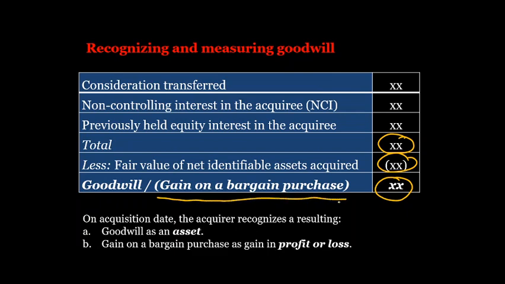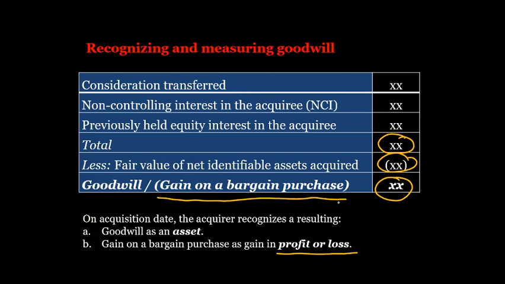Yung negative goodwill. Instead, we use the gain on business combination or gain on a bargain purchase, which will be recognized immediately as a profit or loss in the period the business combination took place. Now if you are reading a material and it used the term negative goodwill, aba, red flag na yun.